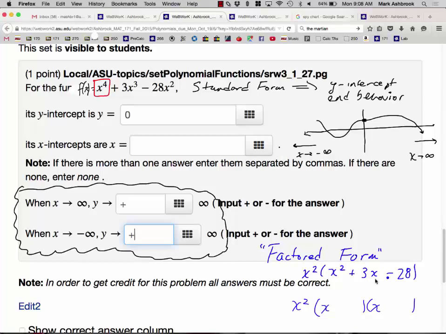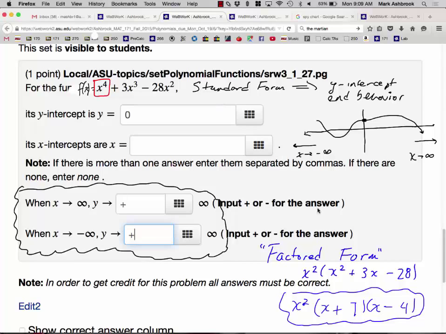Can we multiply two numbers to get negative 28 and add them to get positive 3? Plus 7 and minus 4. So this is the exact same rule as the original rule. It's just a different form. It gives the exact same output values for the input values.